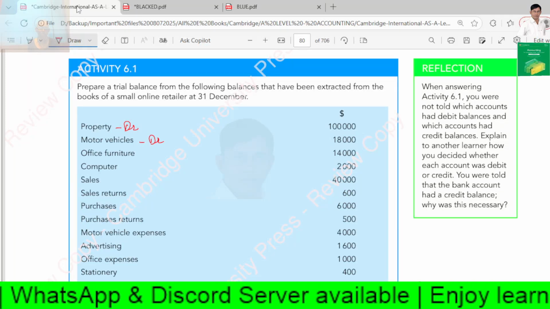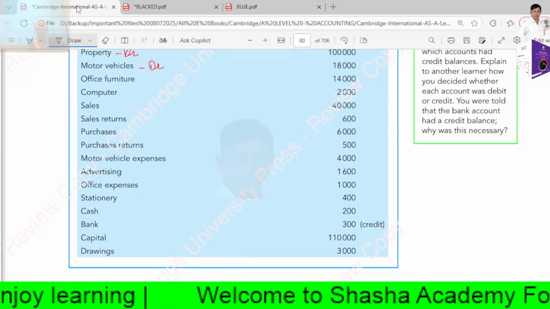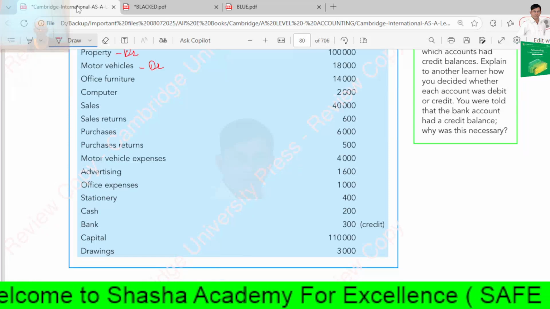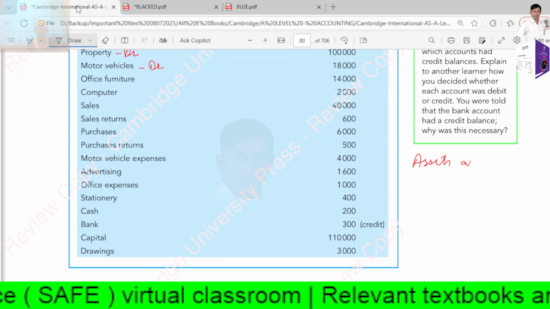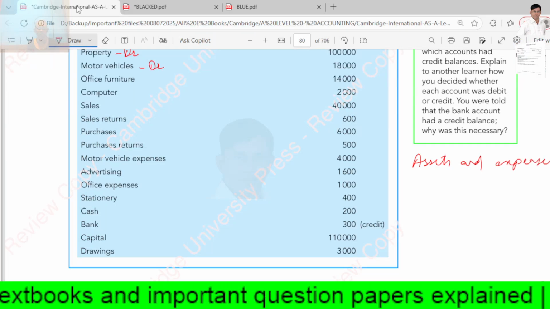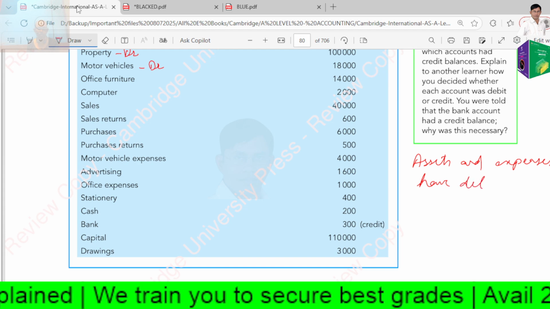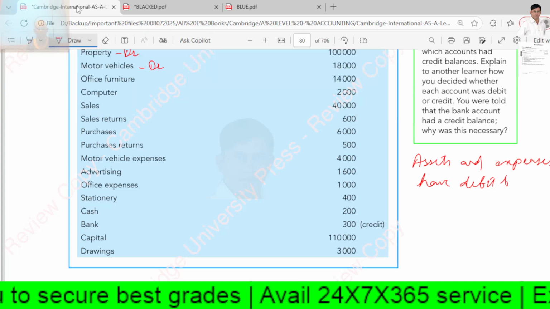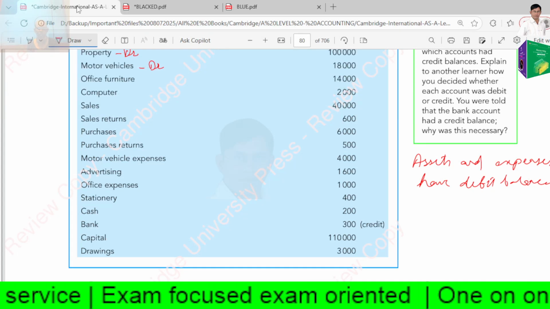So office furniture, remember one thing: when you are learning trial balance, you have to remember that assets and expenses normally have debit balances.